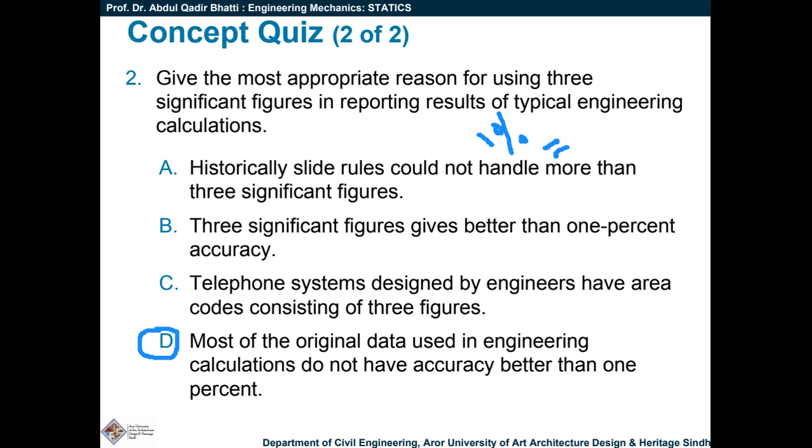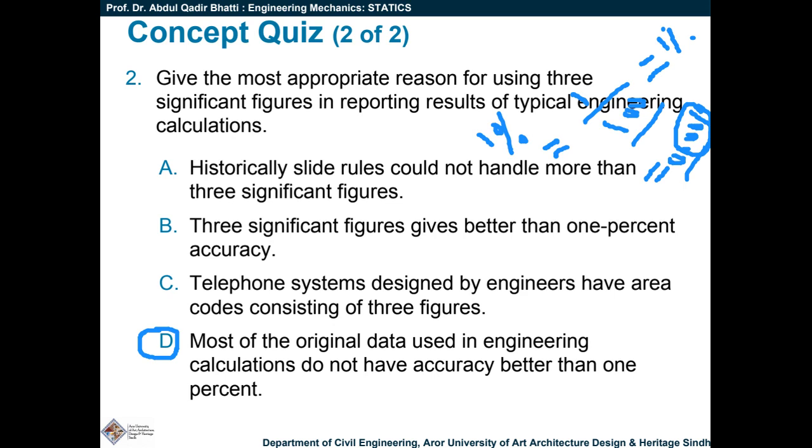Like 1 from 100, okay. So this is 1%, right? If I convert the 1% into decimal, what will happen? 0.001.